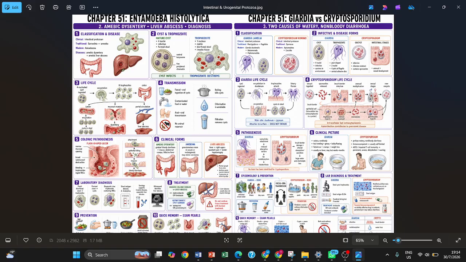Of these four organisms, they are only in three categories: sarcodina, mastigophora, and sporozoa. We do not have ciliates here. So if you have a question asking you on those four organisms and you put true on whether one of them is a ciliate, then you know that you're wrong.